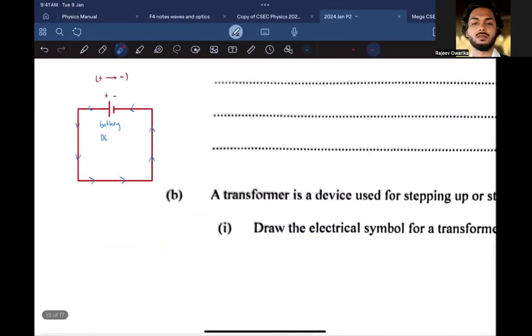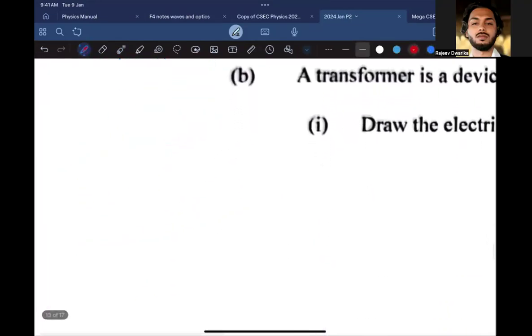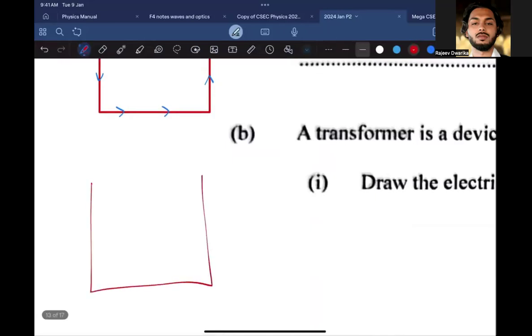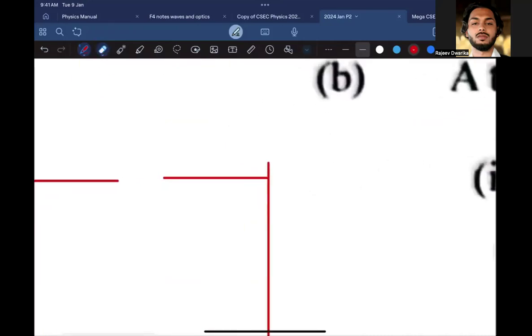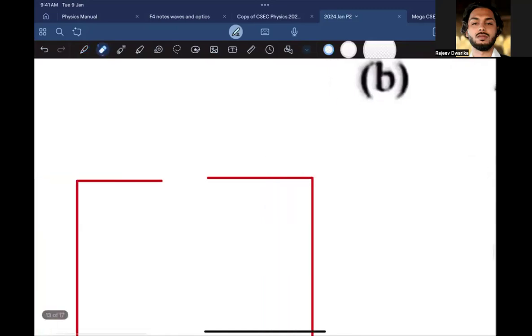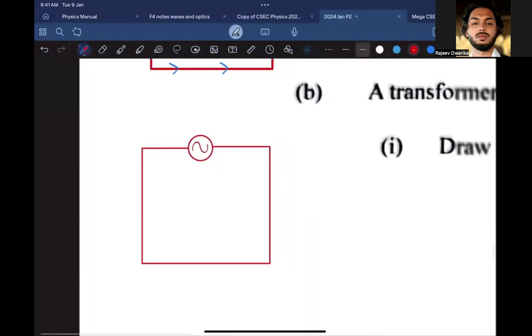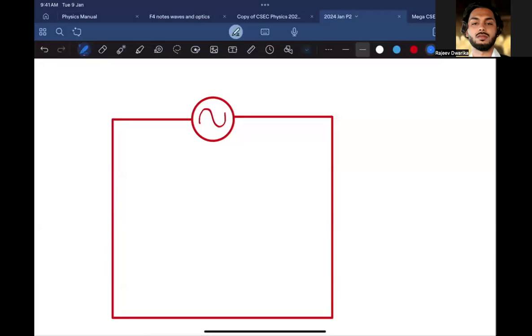Let me show you what alternating current looks like. So Jaden, watching, right? Let me just say at 1 second, the current could be going like this.